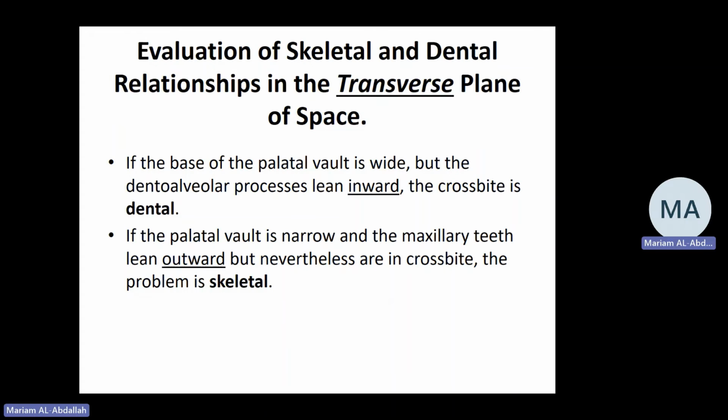Now, if there is crossbite, I need to know the etiology of the posterior crossbite. Is it skeletal or is it dental? If the teeth are leaning inward, that means that most probably the crossbite is due to dental etiological factors. If the teeth are leaning outward, that means that we have a narrow maxilla and the etiology is skeletal.